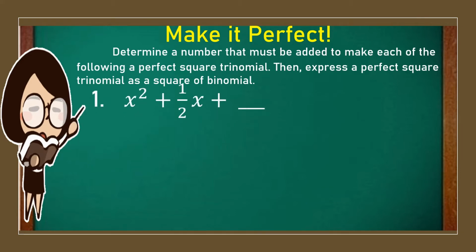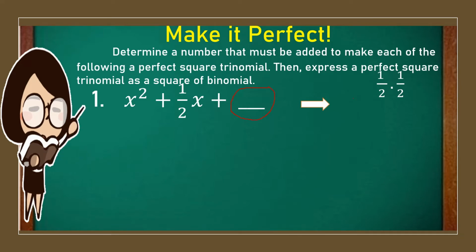Example number 1. x squared plus 1 half x plus blank. So, what must be added on this part, our third term? Guys, do you remember our last topic? How do we get the last term? You will get the middle term, and that is 1 half, then divided by 2.